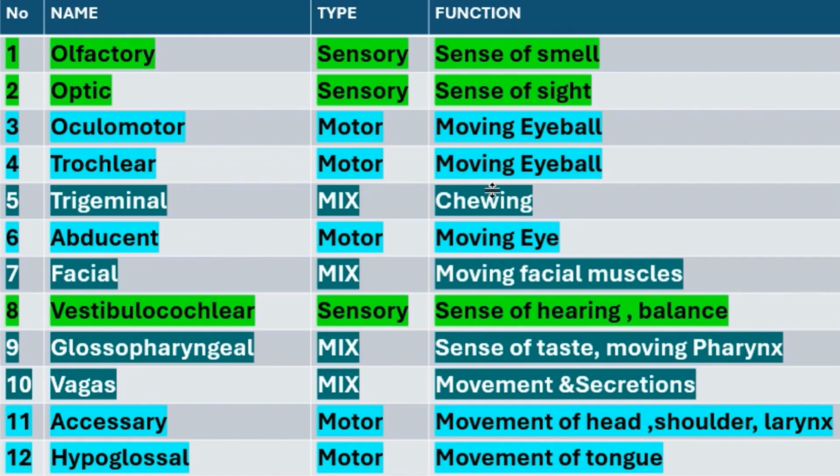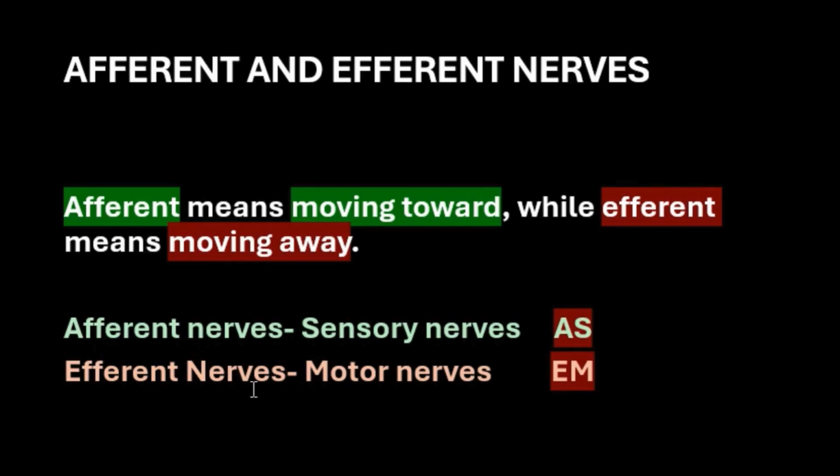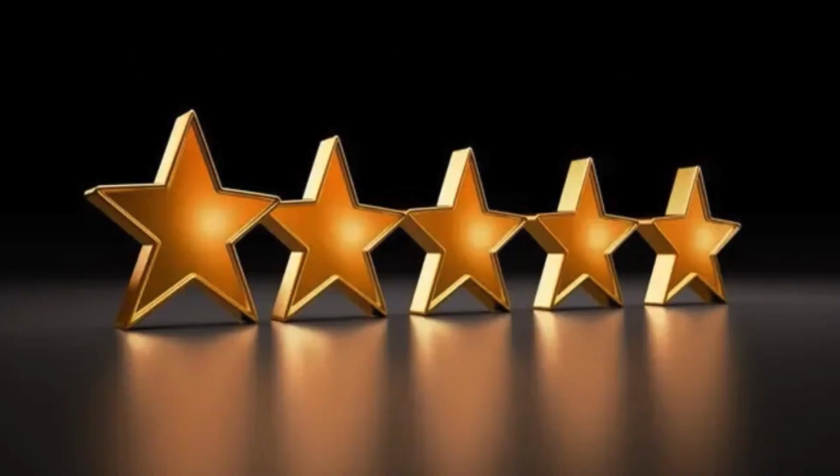The blue color is for motor and the remaining are the mixed nerves. You have to learn this by heart because this is one of the important topics for your exams. Afferent is sensory and efferent is motor nerves. ASEM.